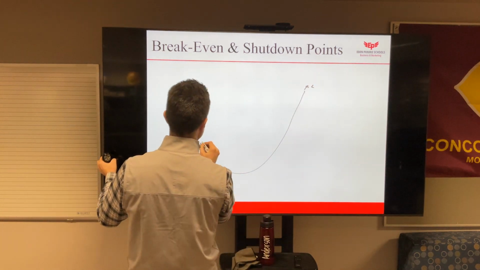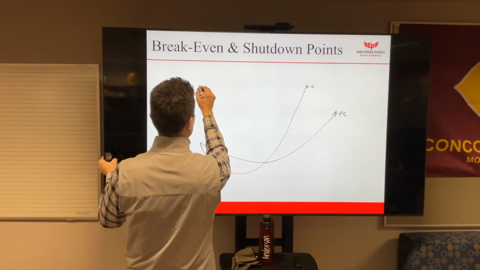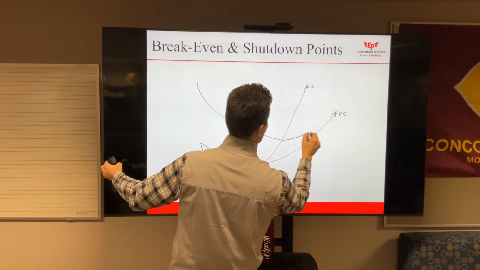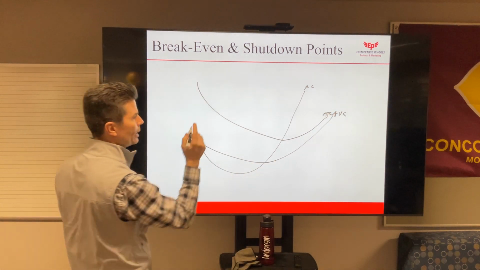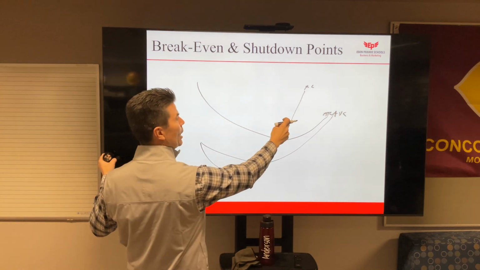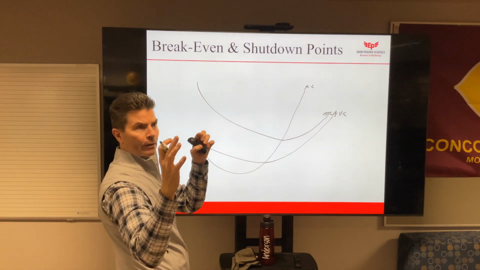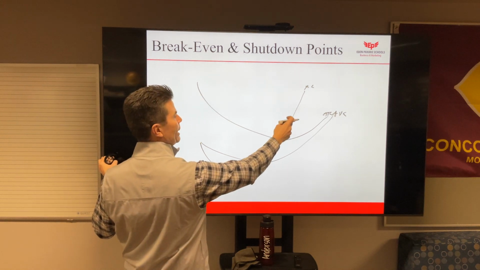Here's a marginal cost. There's the ABC. Here's my ATC, right? So if your price line, we talked about a price line being up here, you're making a profit because you know that my price is greater than the ATC.